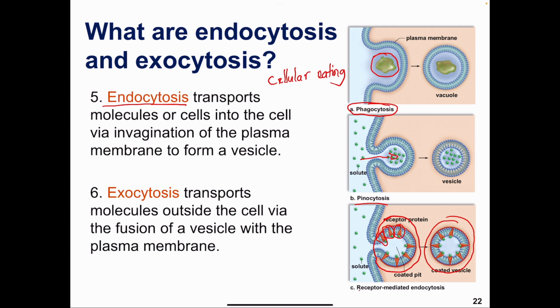This is called receptor-mediated endocytosis. These three forms of endocytosis, meaning phagocytosis, pinocytosis, and receptor-mediated endocytosis, require expense of energy or ATP. No ATP, no phagocytosis, no pinocytosis, no receptor-mediated endocytosis. I want you to remember that.